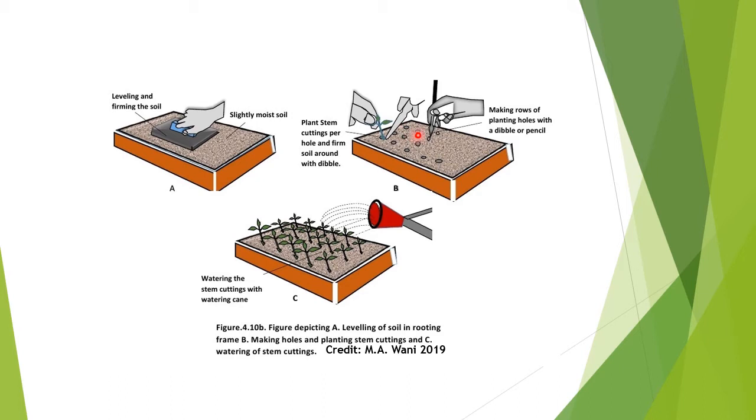These holes are sufficient to accommodate the cutting. So you plant one cutting per hole, and you firm the soil around it with the dibbler. First you make the hole, put in the cutting, and then consolidate the soil around the cutting, and then with a sprayer or watering can you water the cuttings.